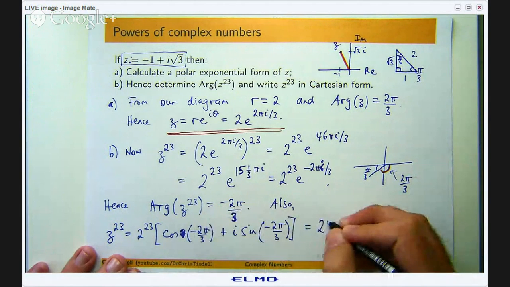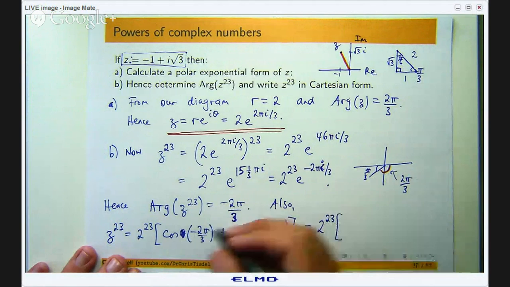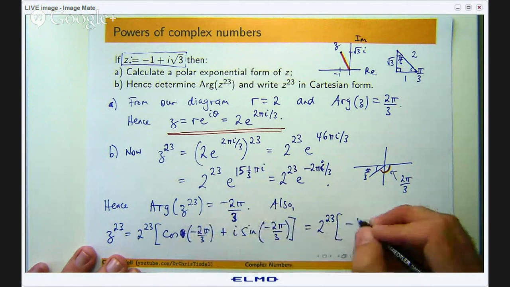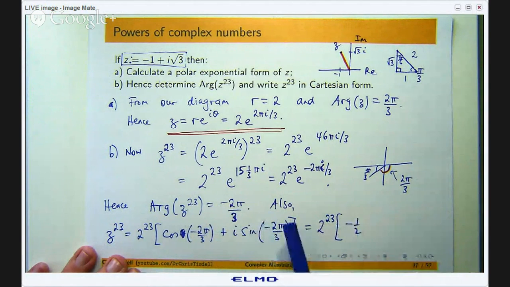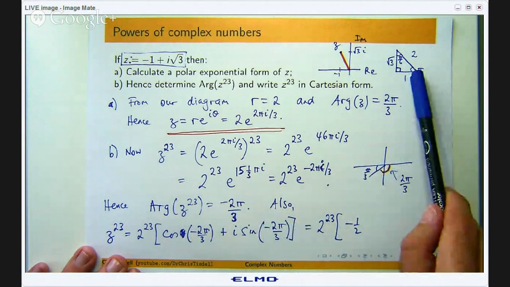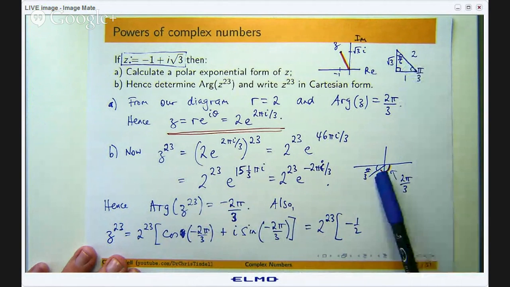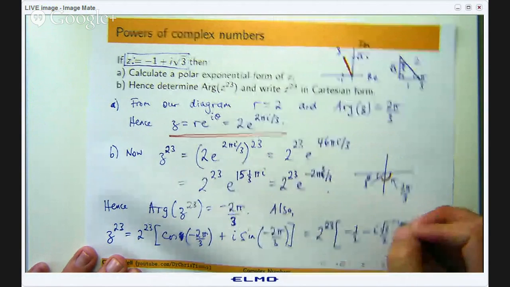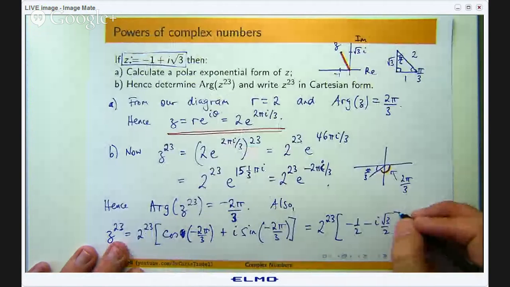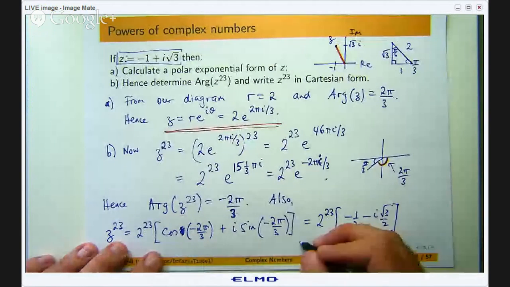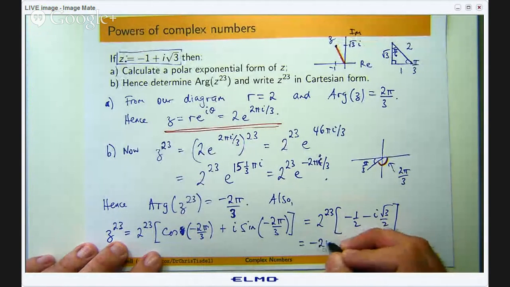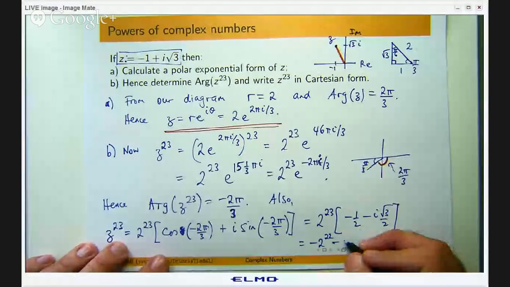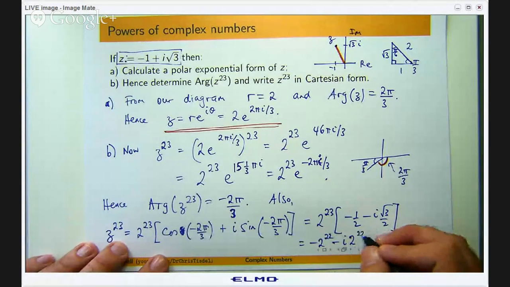So this will be negative 1/2, and sine of pi on 3 will give us root 3 on 2, and because we're in this quadrant here, it's negative. And we can cancel off these 2's and distribute this, and it's going to be negative 2 to the 22 minus i 2 to the 22 root 3.